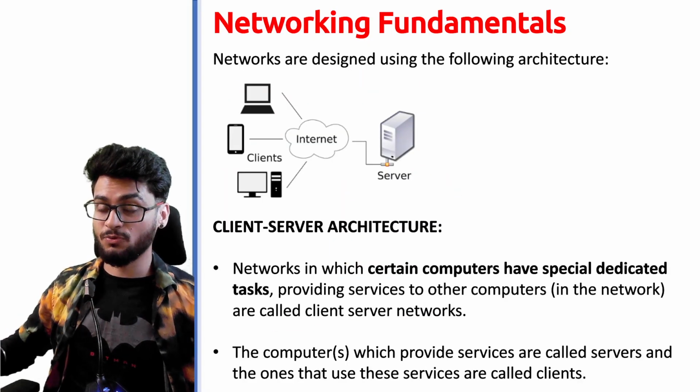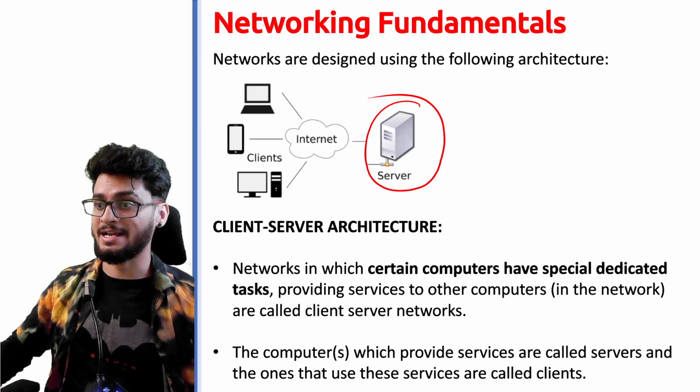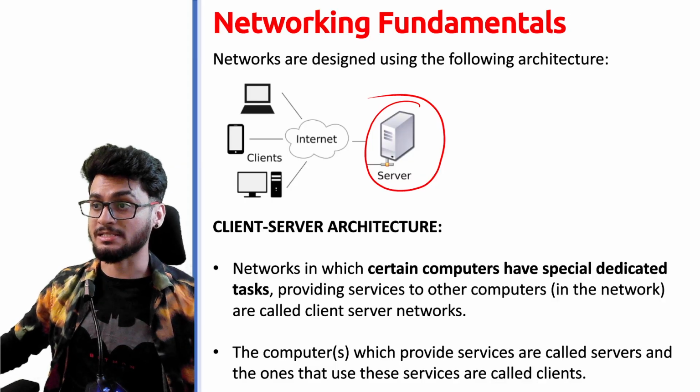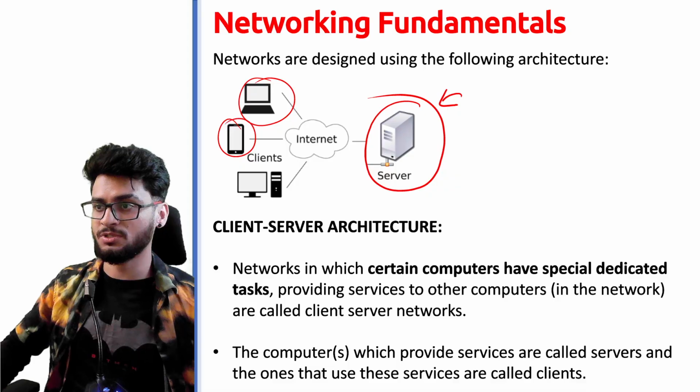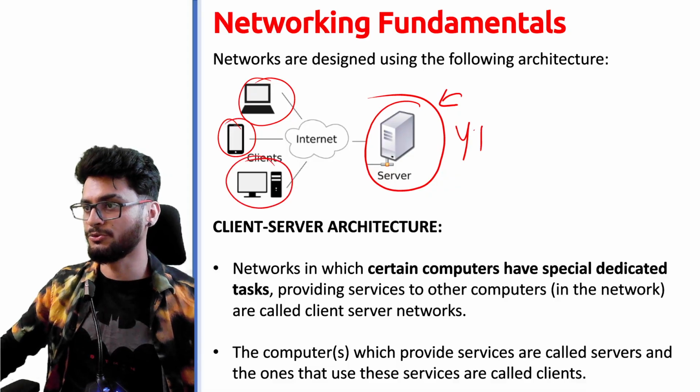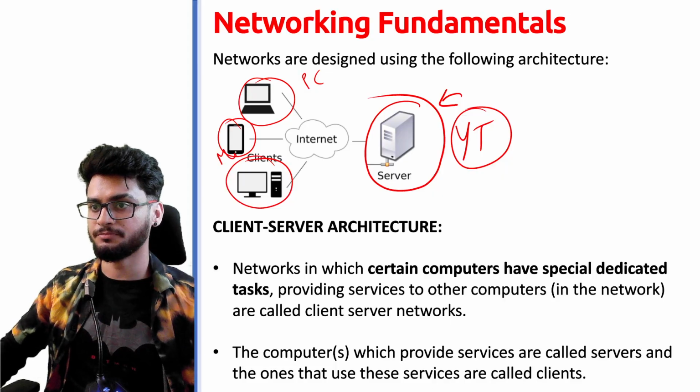Another type of network is where one of the computers or one of the devices has a special task or is more important than the others. For example, this is a server and all these devices are connected to the server. For example, YouTube server. Now you might be using a PC or a mobile.